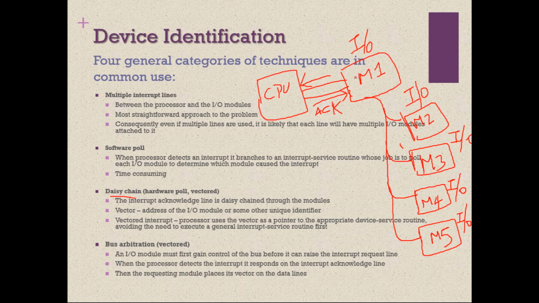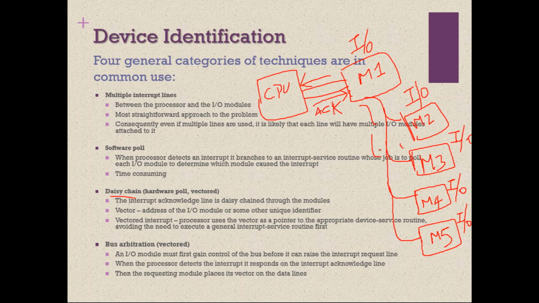But M1 has not created the interrupt, so M1 will not do anything. Then the acknowledgement goes to M2. If M2 is the one which created the interrupt, it will keep its address in the data bus. M2 has not created the interrupt.